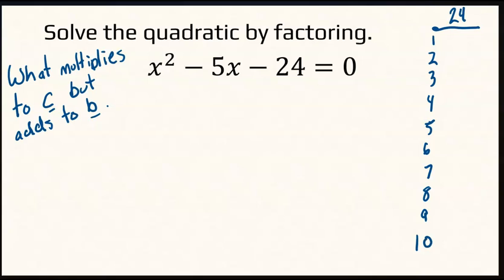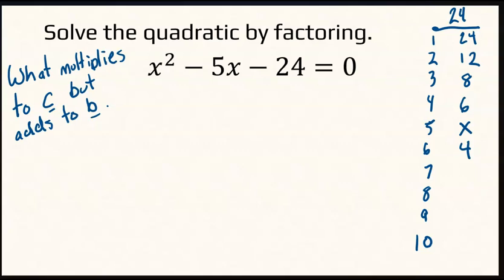I am going to count to 10 on the left side here, and then I'm going to divide one by one into 24. So 24 divided by 1 is 24. 24 divided by 2 is 12. 24 divided by 3 is 8. 24 divided by 4 is 6. 5 will not divide into 24 evenly. 6 will divide into 24 by 4.